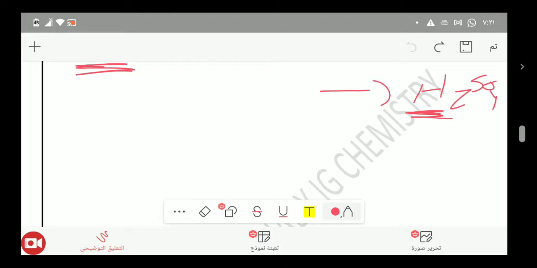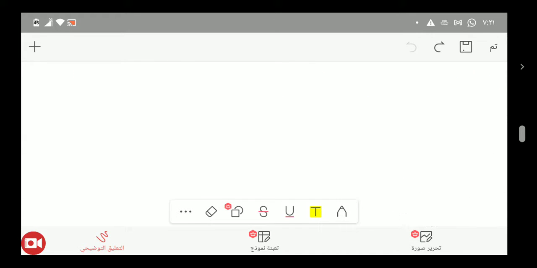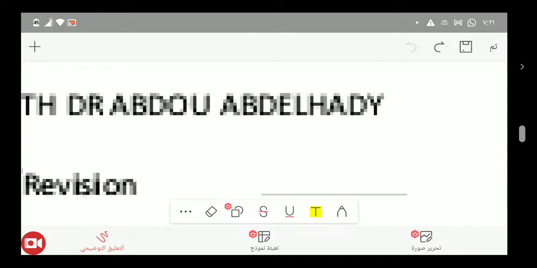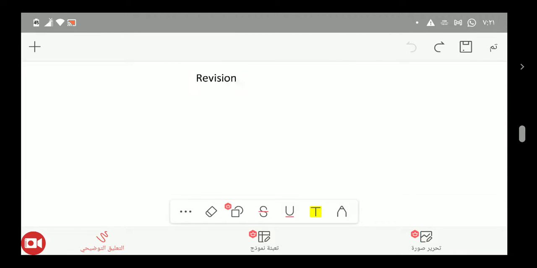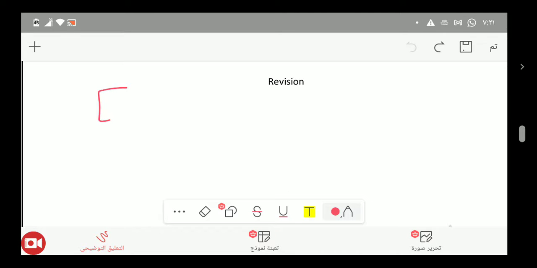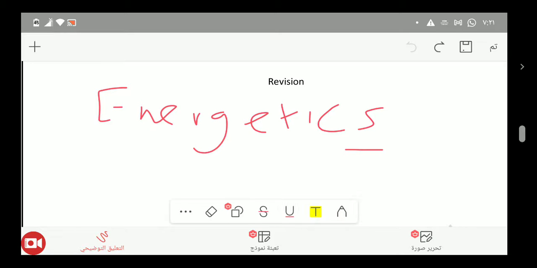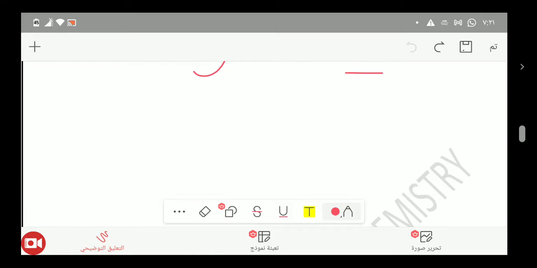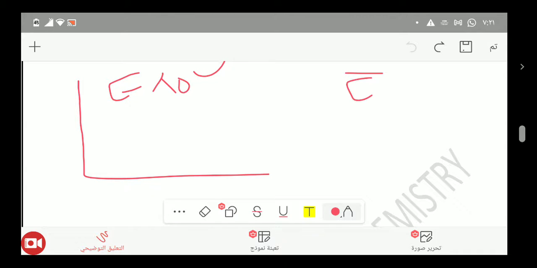From the most important topics in our curriculum is energetics. When we talk about energetics, we have to remember the exothermic reaction and the endothermic reaction.